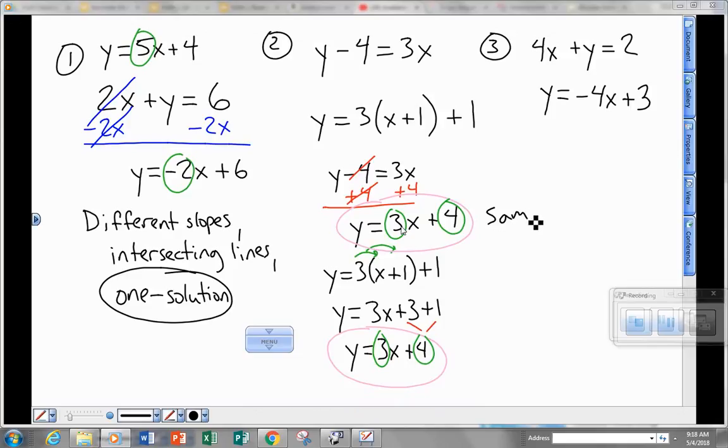Same line. So same slope, same line, infinite solutions.